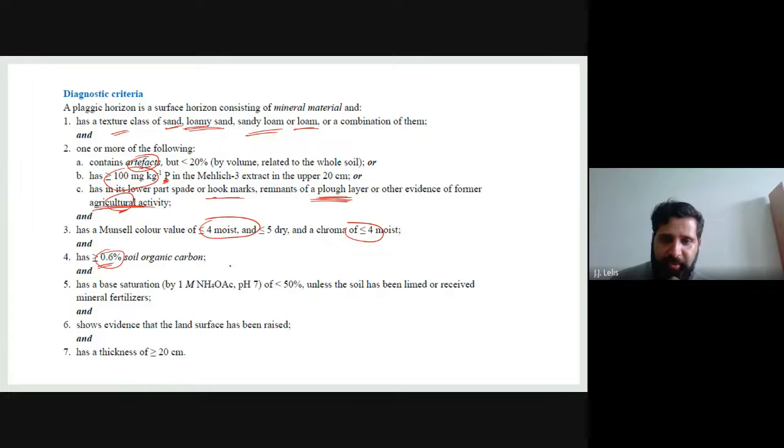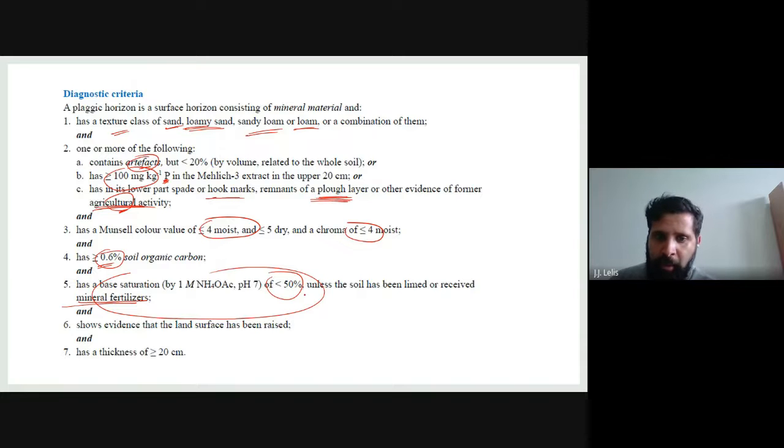It should present a base saturation lower than 50%, unless the soil has been limed or received mineral fertilizers. In this case, because of a recent modern action, we can make an exception, but it's not so common.